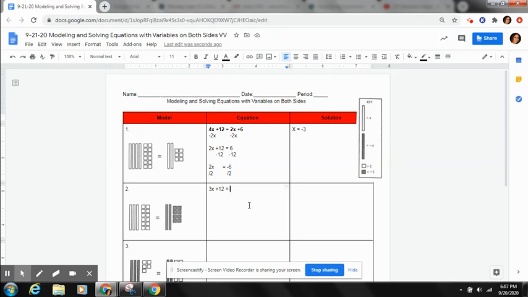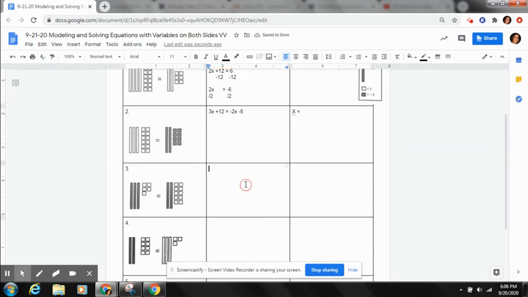The shaded rectangles are negative, so we have 2 negative x rectangles. So -2x, and then 2, 4, 6, 8 shaded squares, and those are negative, so that would be -8. So you could, like I said, make those notes like I did up here. You can write it on a separate sheet of paper, and then in the end, make sure you write x equals whatever your answer is.